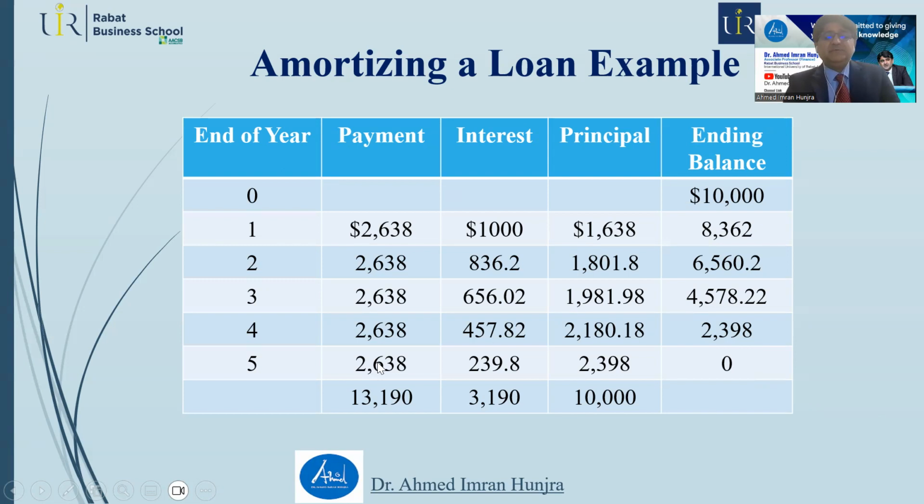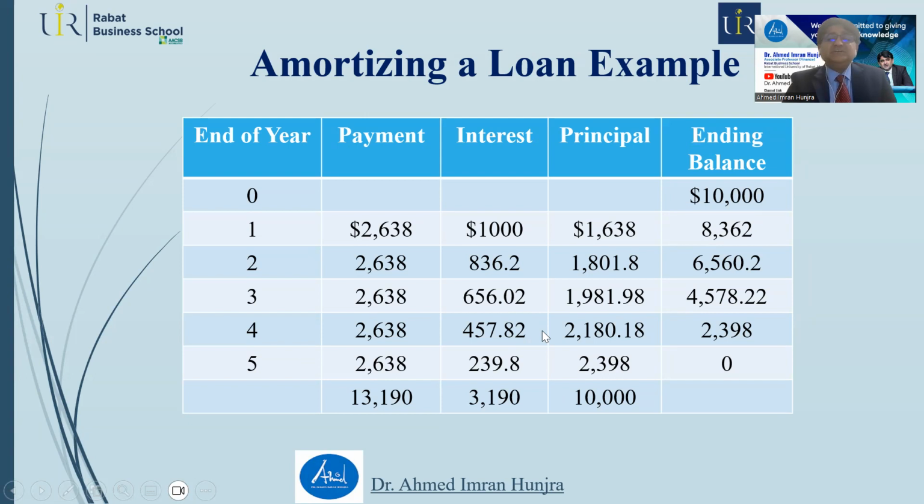So to sum up, how much total is paid? 13,190. 10,000 is the borrowed amount which we have returned, plus interest. 3,190 is the interest. So in total we have returned 13,190 on the borrowed amount if the rate was 10%.